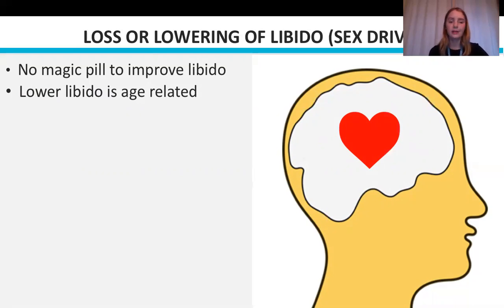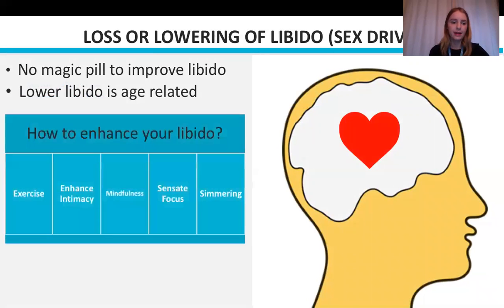And it is age-related as well. Testosterone naturally decreases with age. So if you already have a lower testosterone level, you may not notice a change in your sex drive. Some things you can do to increase your sex drive include exercise, and you'll hear that a lot in our presentation as it is so beneficial for managing many side effects from hormone treatment.